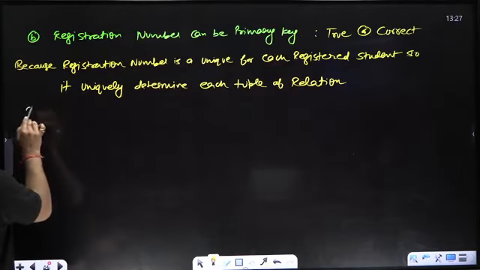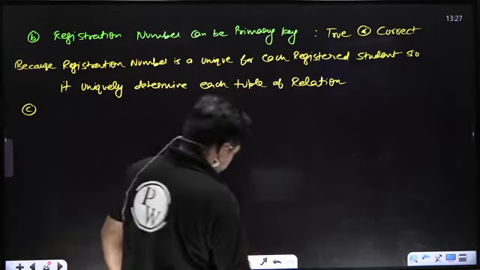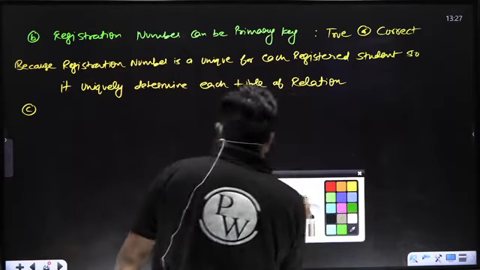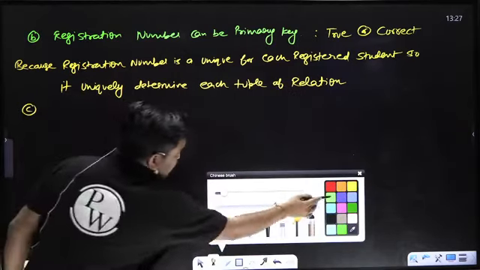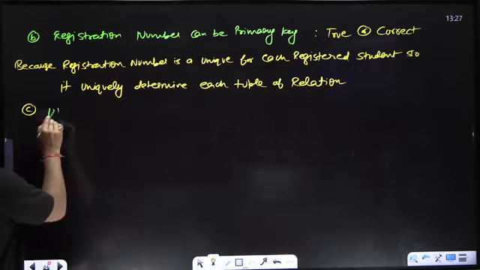Option C, UID. Yes, UID is a candidate key, it is mentioned unique identification.